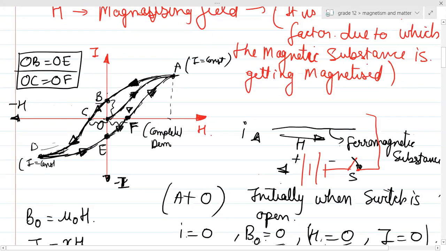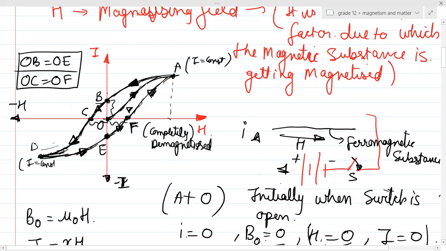Points C and F will be completely demagnetized. Whatever points which are lying on the x-axis are basically the points where it is completely demagnetized. At O point, it was not magnetized initially. At C point, it became demagnetized after getting magnetized. And at point F, it again got demagnetized after getting magnetized in the opposite direction. Okay.